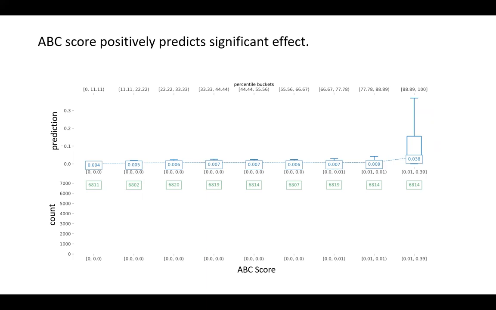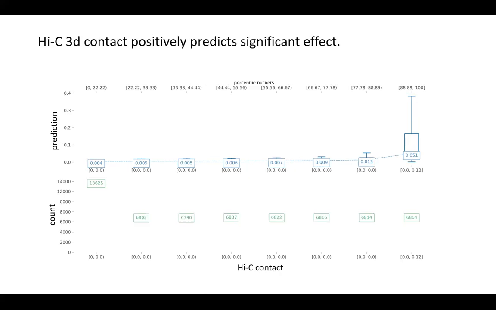The way to read this graph is it's binning all of your data into bins by the level of the ABC score. And for the highest ABC score, all the rest of them, there's not very much change in the prediction value, but the highest ABC score increases the positive prediction. And that tells us that the direction is positive.